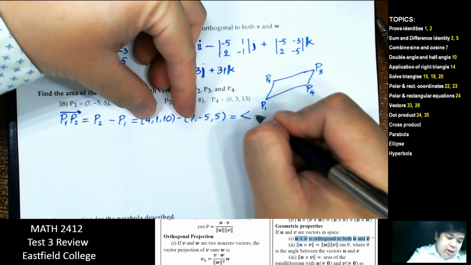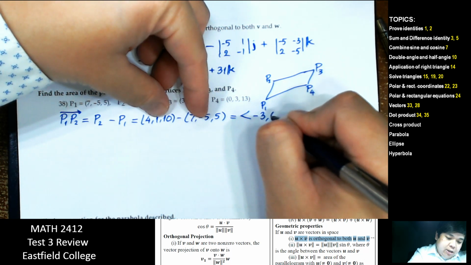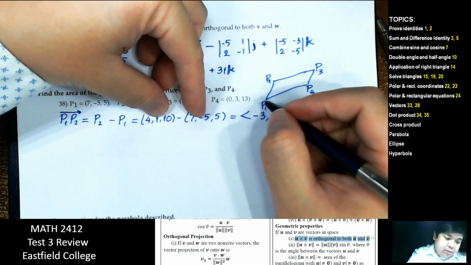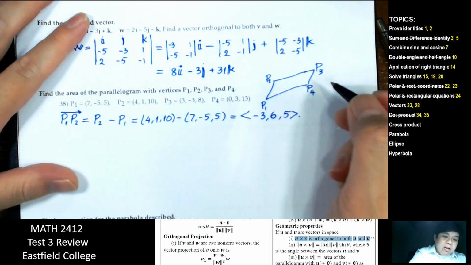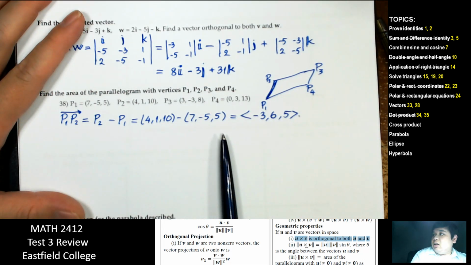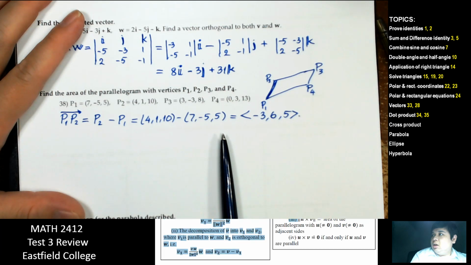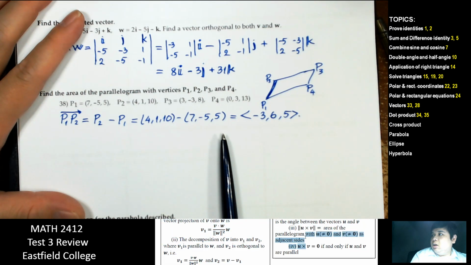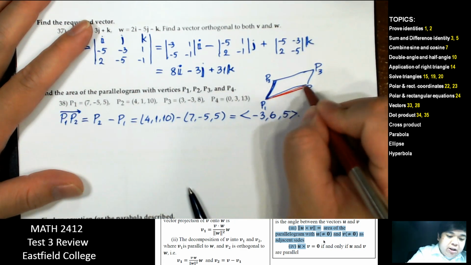So it will be negative 3, 6, and 5. Actually, we have one vector here. So we do have the formula for that. We do need to have the adjacent side, so we do need to have this.